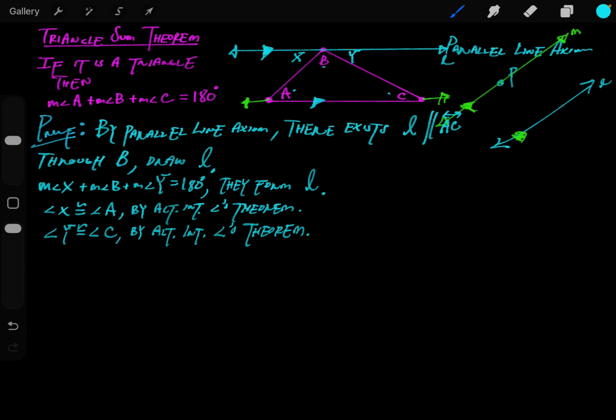Then we can say that the measures are equal. So we have to talk about measures, because here we have a measure of angle X. Here we have a measure of angle Y.